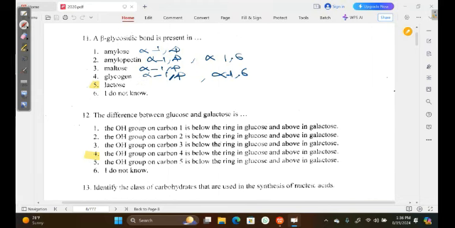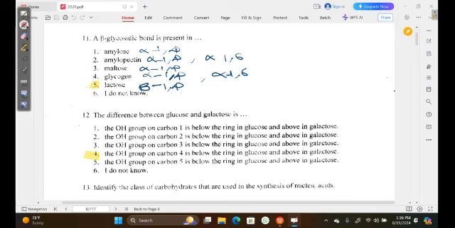It's beta 1,4 because the hydrogen that participates in the bond formation is the one above the ring, just as we came up with the alpha and beta designation above.